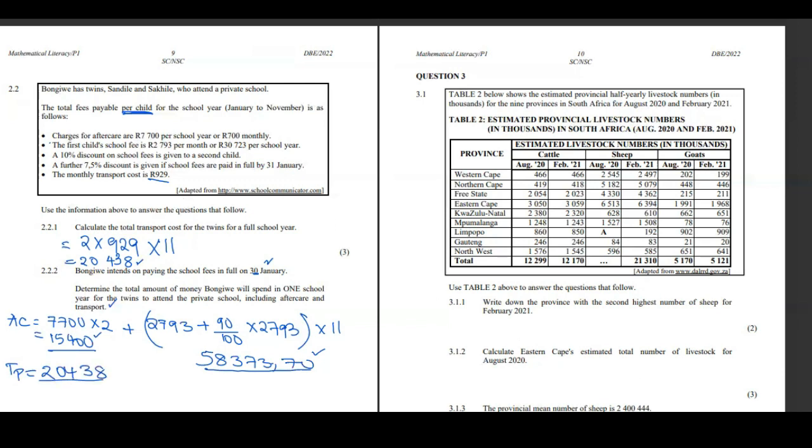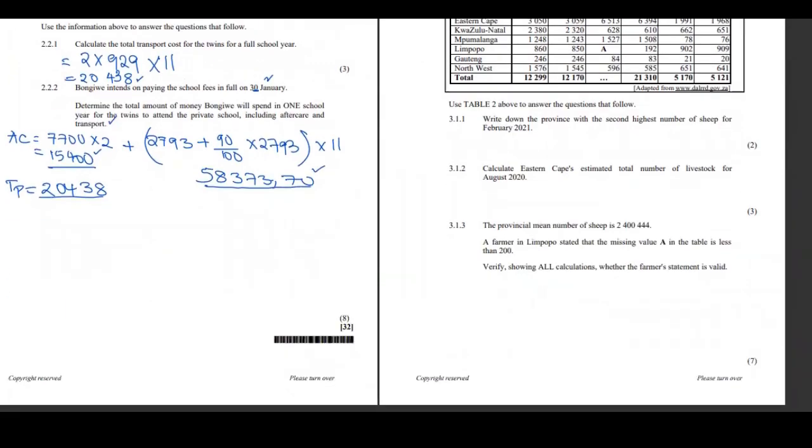So it will be 15 plus that much plus which is 90.